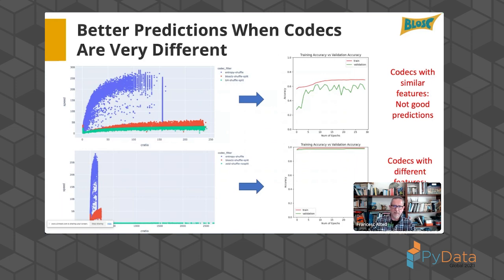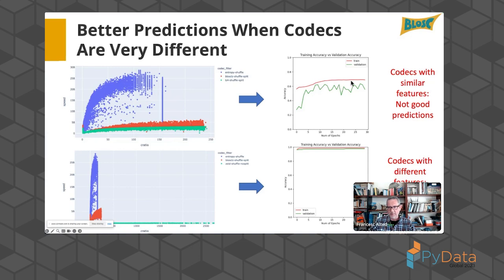And of course, the predictions are much better when the codecs that have to be chosen differ more in features. So, for example, in this case, in red is BloscLZ, and in blue and green is LZ4, and both have very similar features.